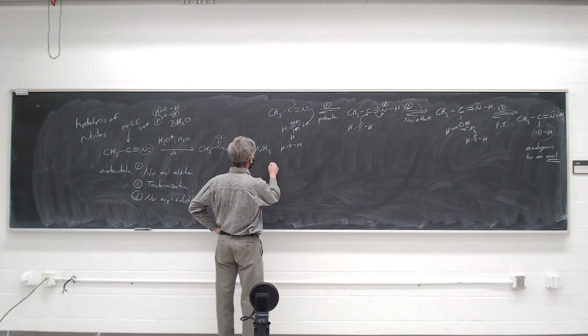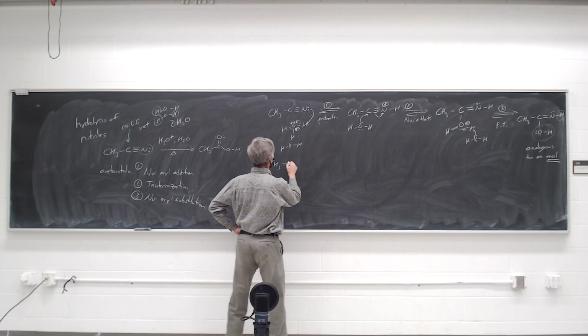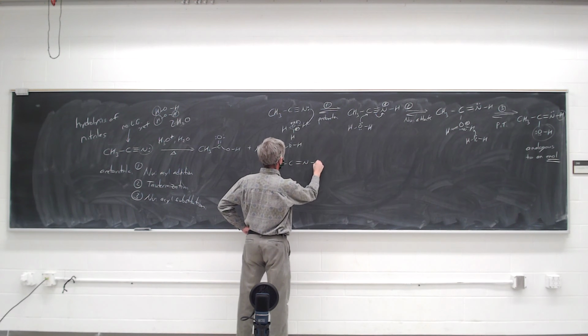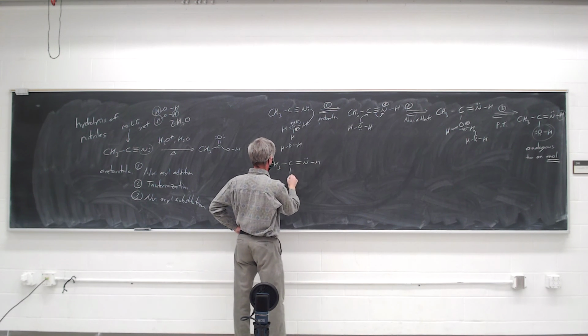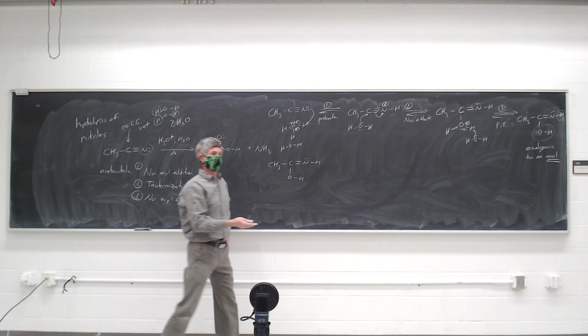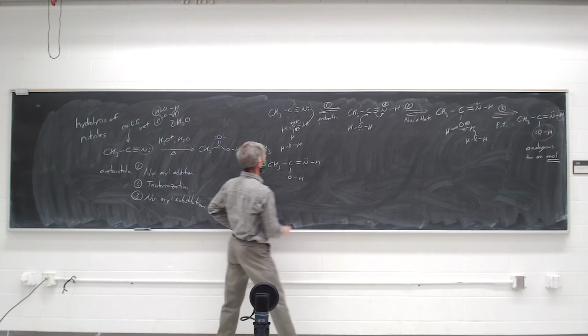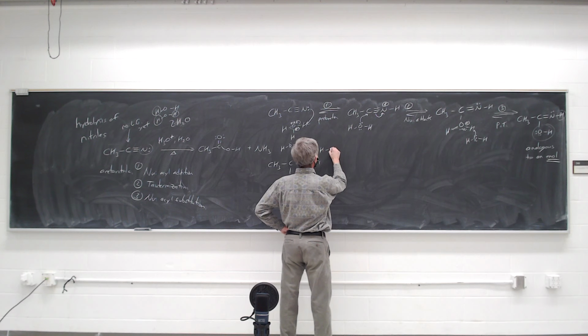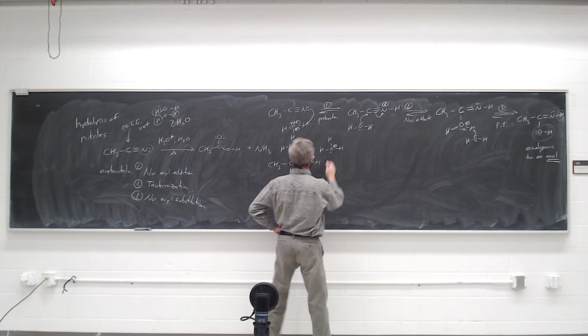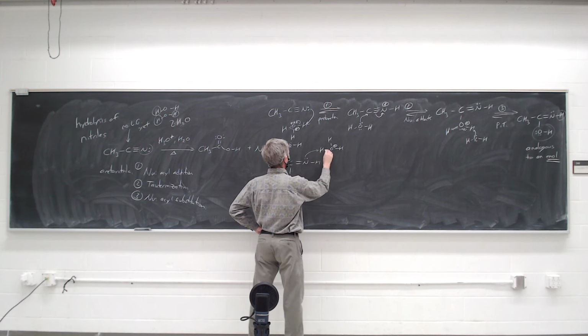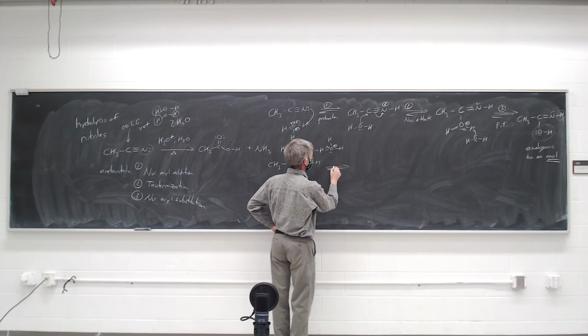Now we're going to do the tautomerization. And you know how to do a tautomerization. What we're going to do is protonate the nitrogen and then deprotonate the oxygen. So, two-step acid catalyzed tautomerization.